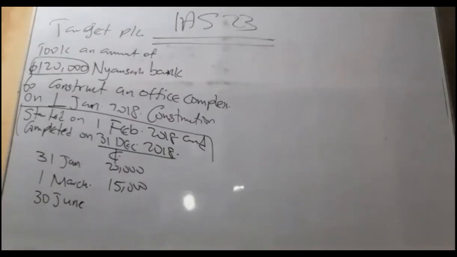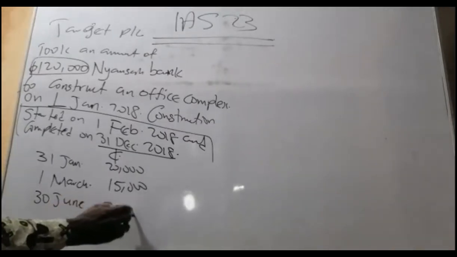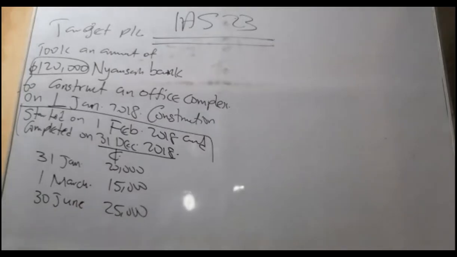In fact, we satisfied 50% work, so we hand over, but we satisfy 60%. They don't give us 35. So we hand over 25,000 cedis to the contractor.